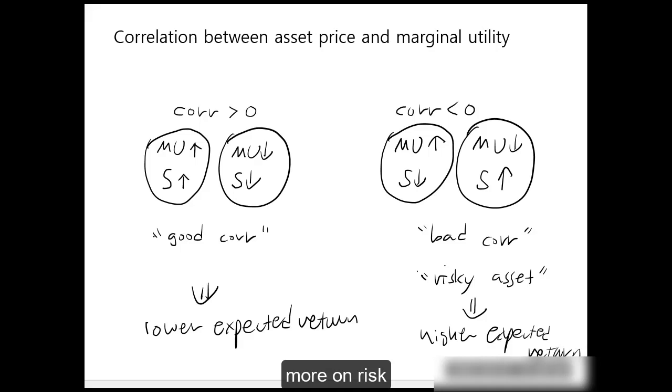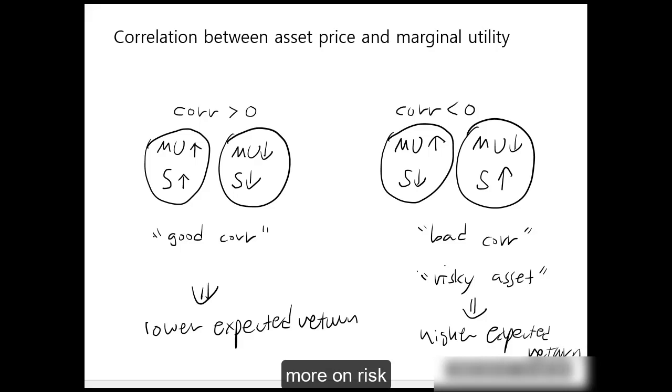So the required return, whatever investors demand from this asset, is low. People do not demand much for owning this asset. And if the expected return equals the required return, which in equilibrium should be more or less the same thing, what people demand should be more or less what it offers. So in equilibrium, the expected return will be low.